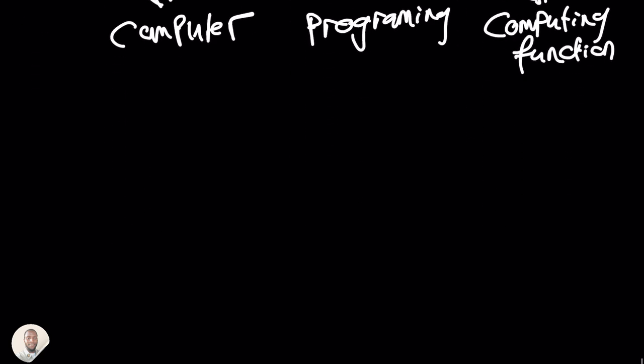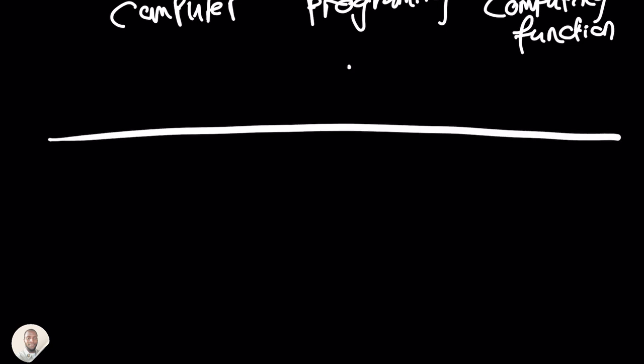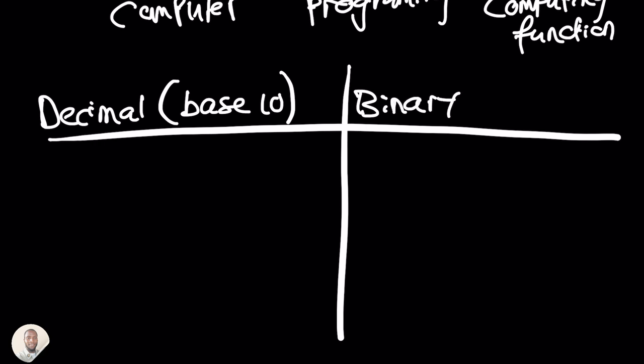Let's count up to 10 using decimal base 10 and binary base 2. I want you guys to see something. Here we have decimal, which is also known as base 10, and here we have binary, which is also known as what?